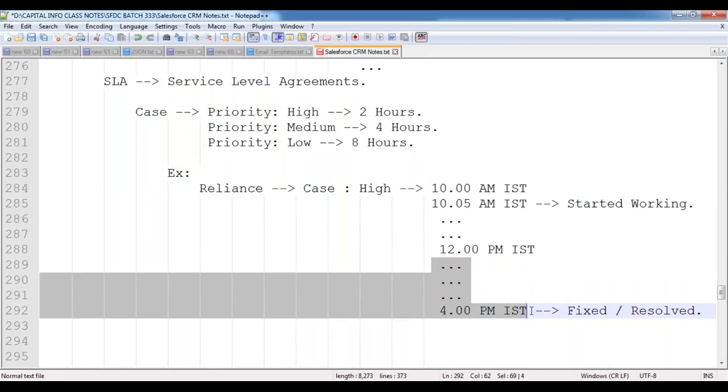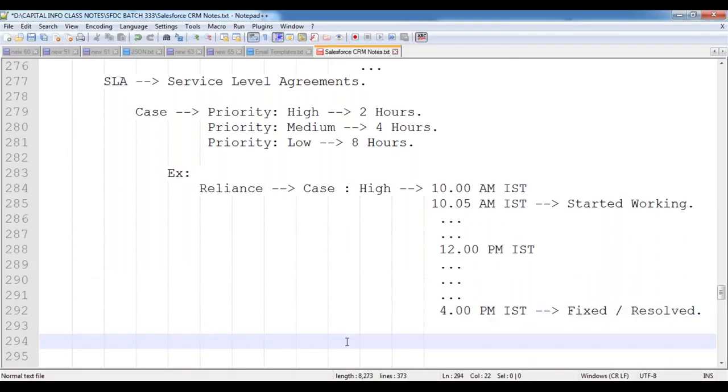In these 4 hours, Reliance people got some 3 crores of loss. Then who is responsible for this 3 crores of loss?